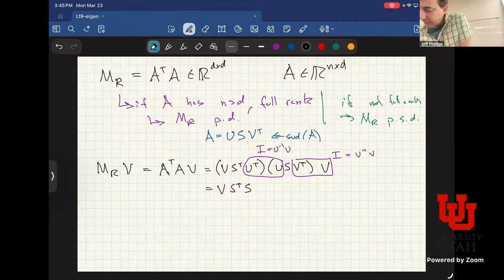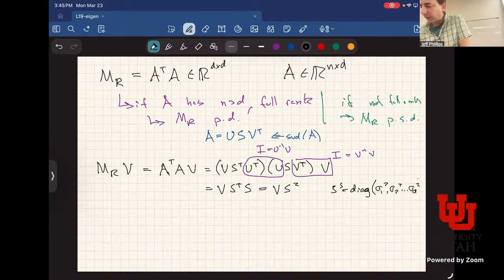And I can actually simplify this because now I'm going to ignore all the zeros in the S matrix, and I'm going to write this as V S squared, where the S squared matrix is the diagonal matrix of sigma 1 squared, sigma 2 squared, dot dot dot, sigma D squared.